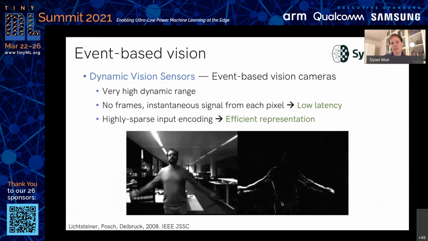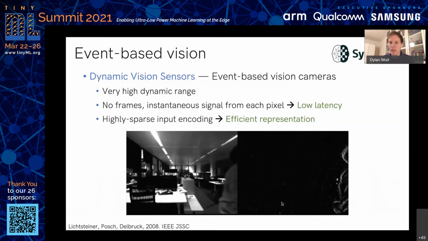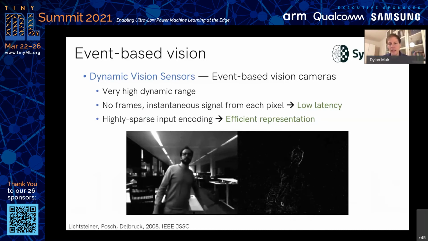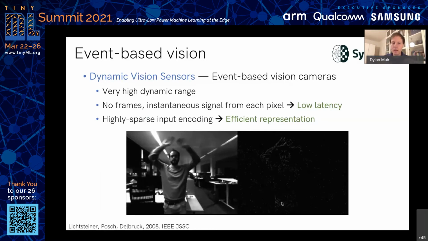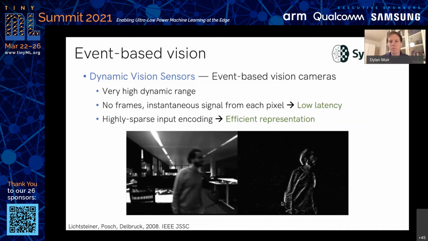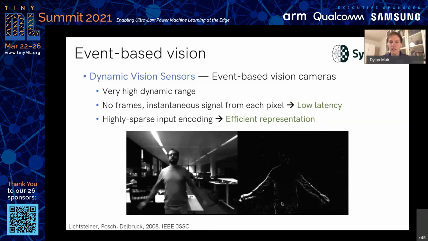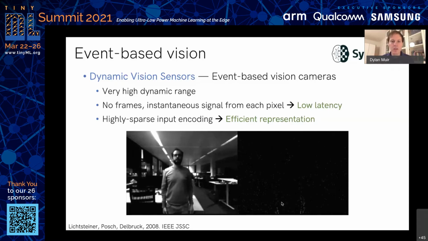When each pixel detects an increase above a threshold or decrease below a threshold, it emits an event encoding the location of that pixel, and it does so asynchronously. So the change in the vision stream is encoded in real time. It's fully asynchronous, and therefore a very efficient representation of the vision stream.